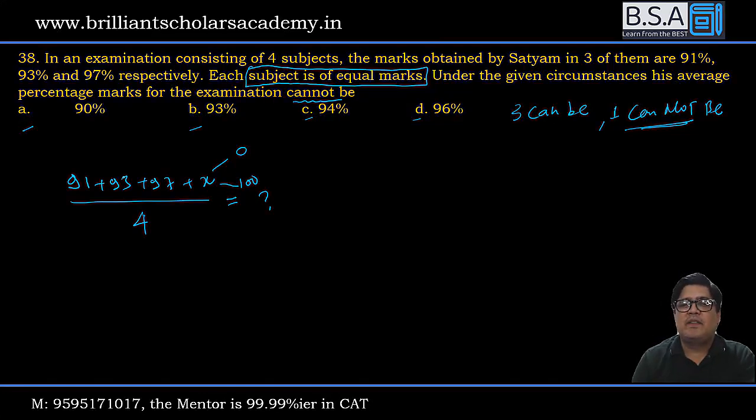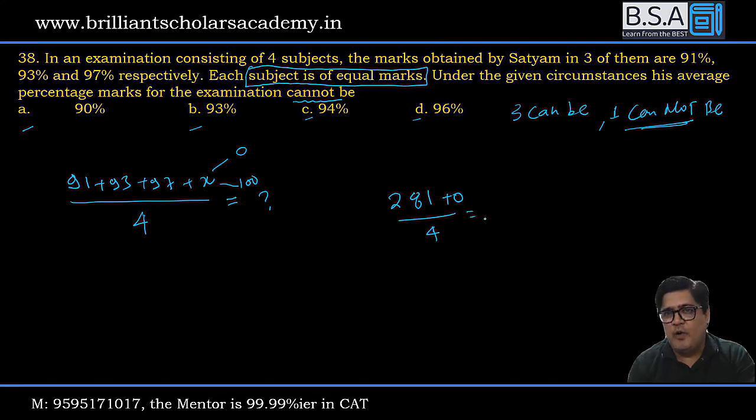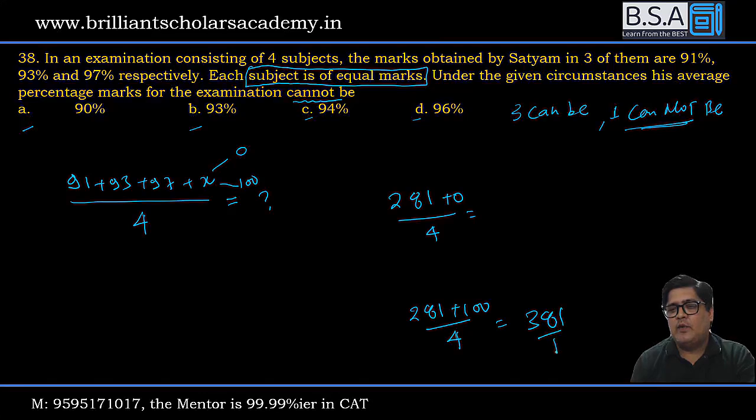So what is 7 plus 3? 10 plus 1, 11. 11 plus this is 281. So one of the range values can be this. This is the lower range. And if you take 100 here, that is the upper range. So we are indirectly asking you which answer option is out of the range. So 280 upon 4 is 70.25, and it will be here 95.25.